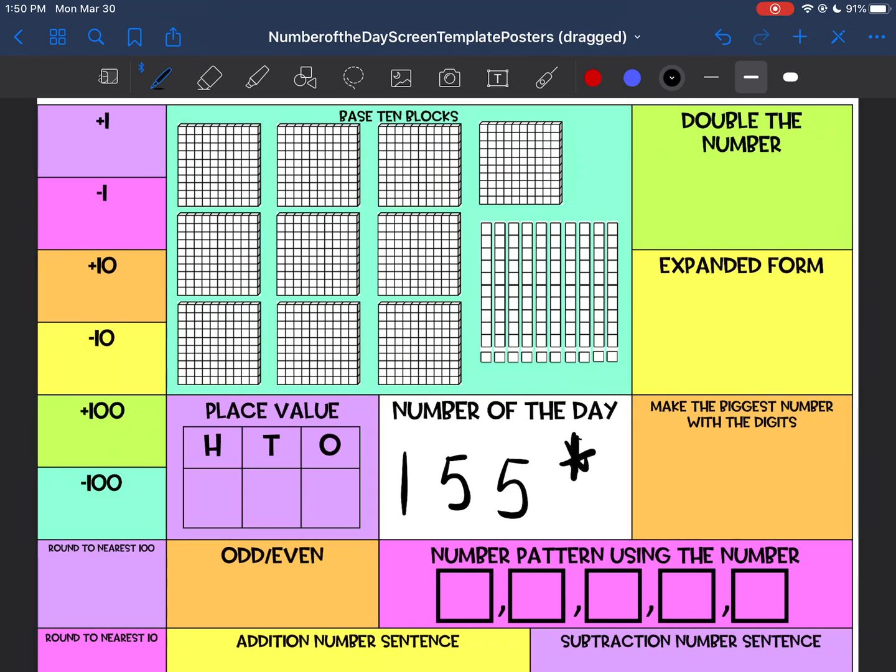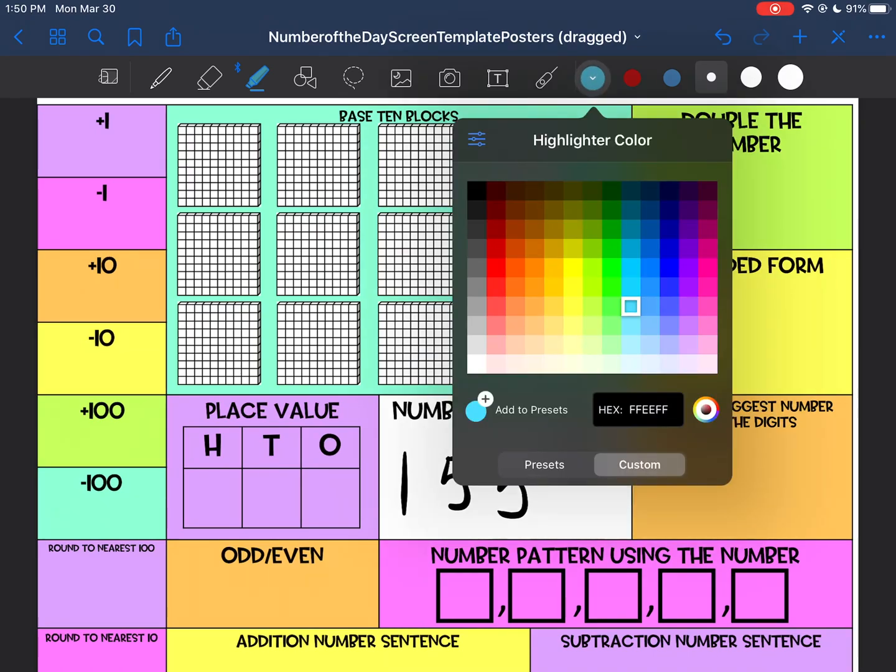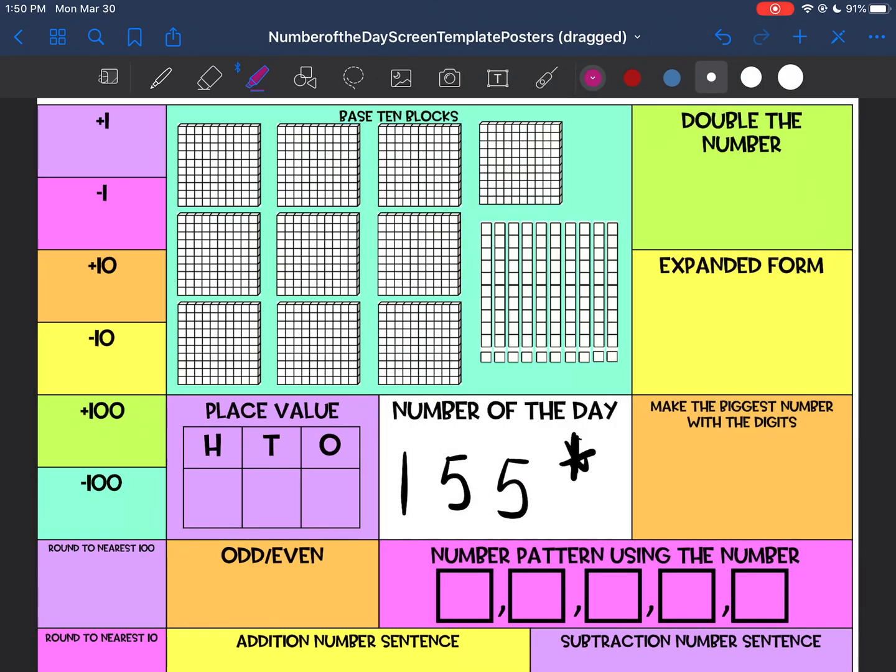The first thing that I'm going to do is I'm going to color 155 using my base 10 blocks. In your math notebook, you're going to model that number by drawing out your base 10 blocks, okay? I'm going to choose a color that you can see, so I'm going to go with pink. 155, it has 100, so I would draw in my notebook 100.